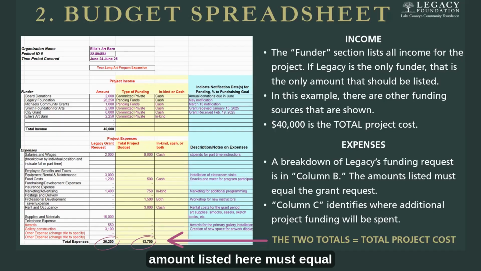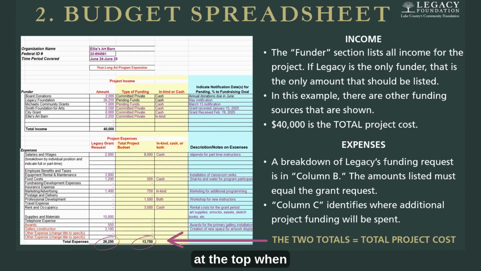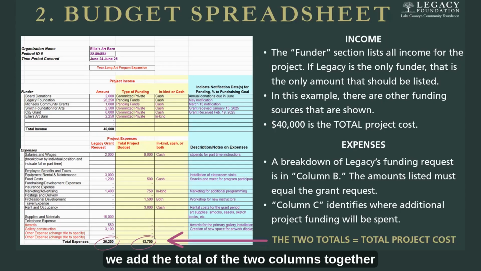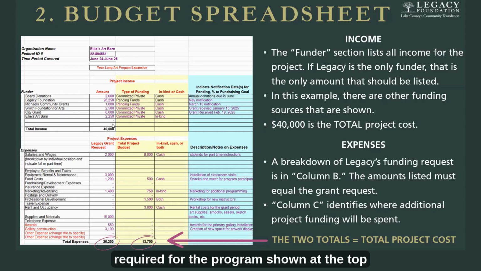The amount listed here must equal the amount of additional funding that we're requesting at the top. When we add the total of the two columns together, $26,250 and $13,750, that gets us to the $40,000 that's required for the program shown at the top.